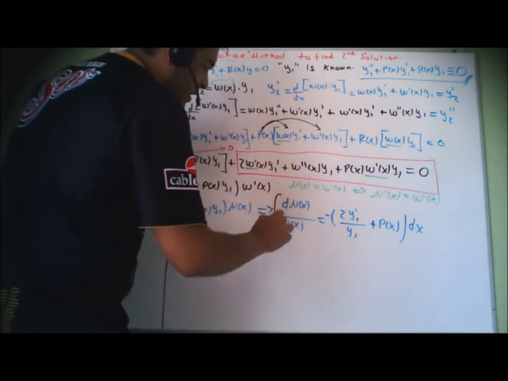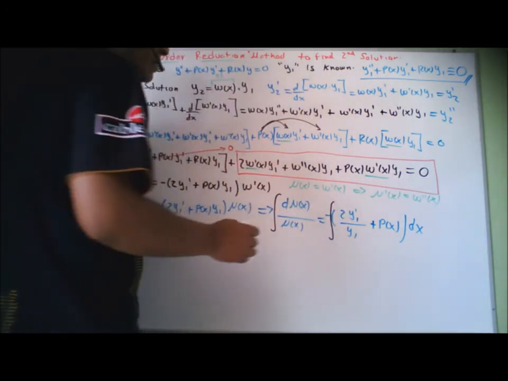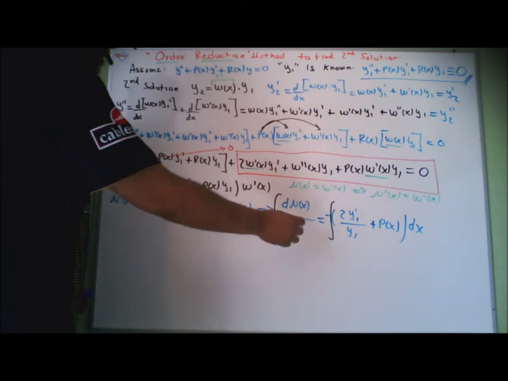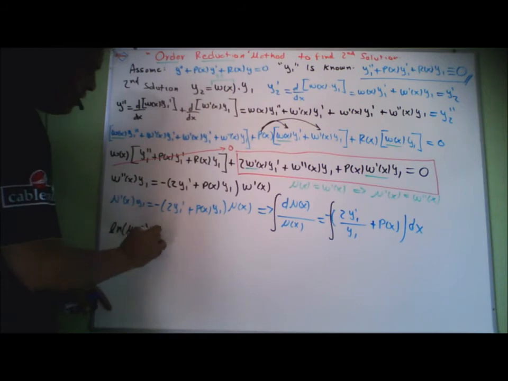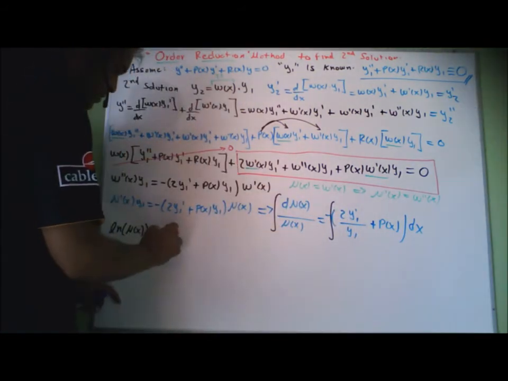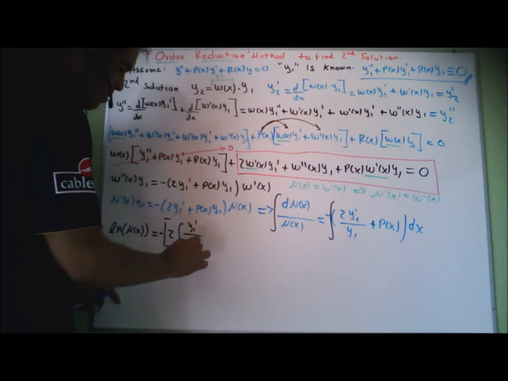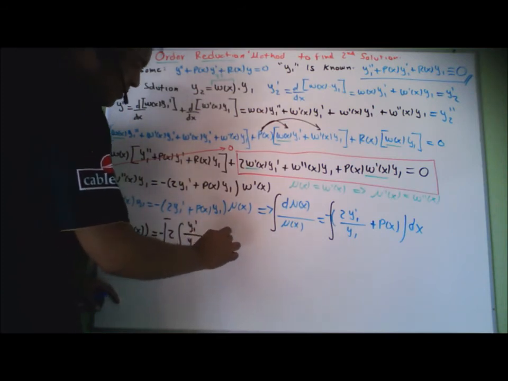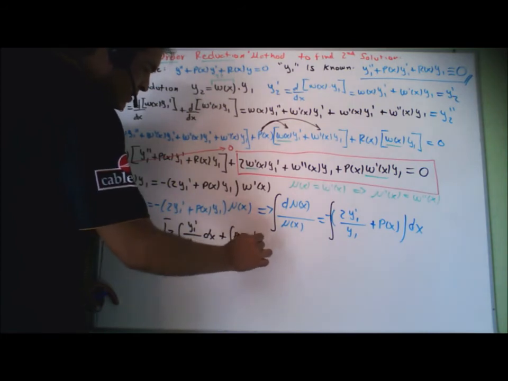So I'm going to take the integral on this side and the integral on this side. Don't forget the minus here. This is very easy. This integral is the natural logarithm of mu of x. And this is equal to, now pay attention to this, minus 2 times the integral of y1 prime over y1 differential of x, plus the integral of p of x differential of x.